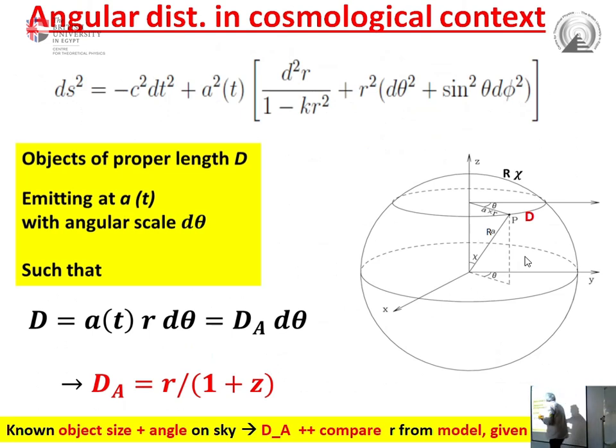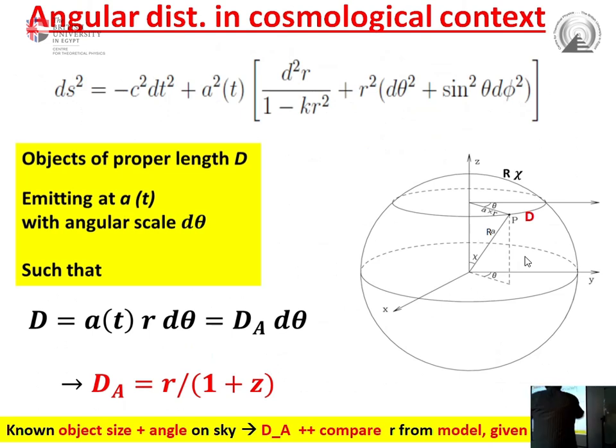And there is a factor of 1 plus z because we need to use the proper length of the object at redshift, 1 over 1 plus z, which is a. It's multiplied by a because it's an object far away, because the universe is expanding, right?